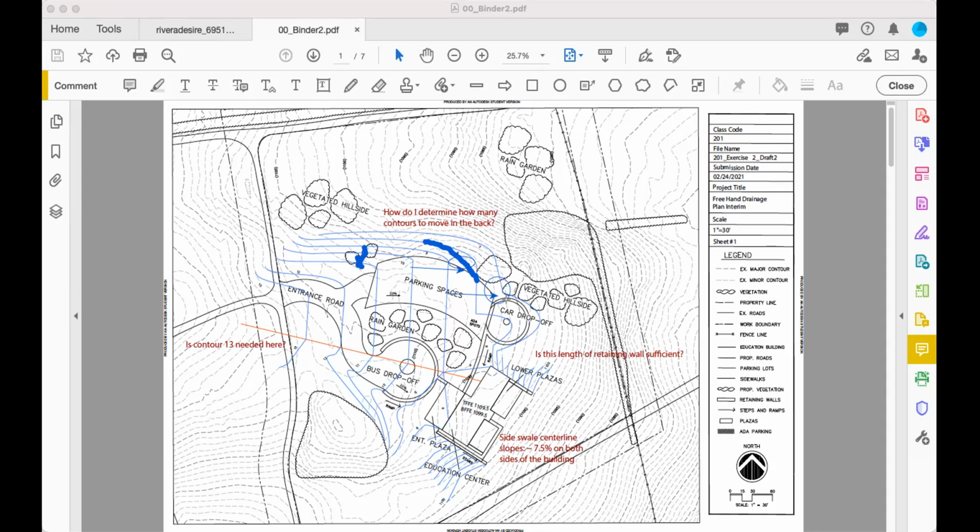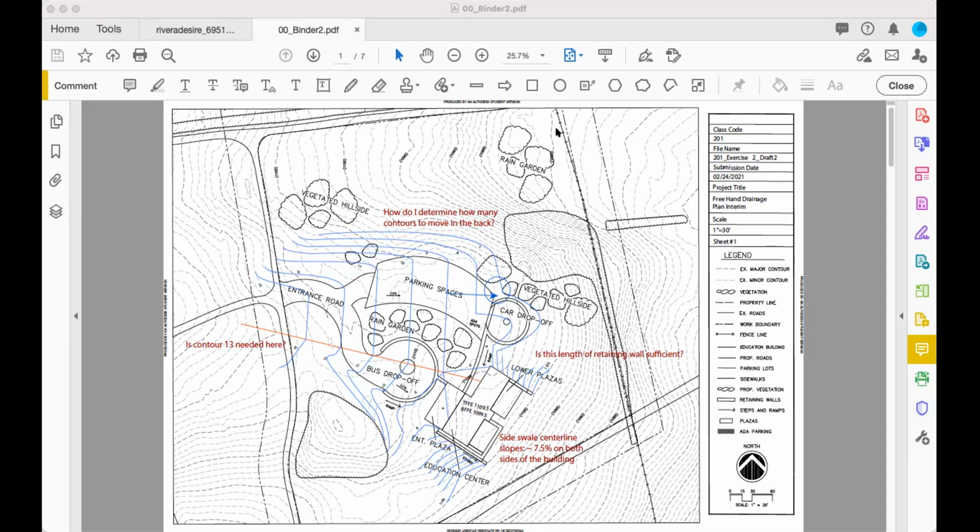So that's why I think we can keep the current spacing for these contours and keep moving the ones after that to make sure that there is no conflict between these contours.